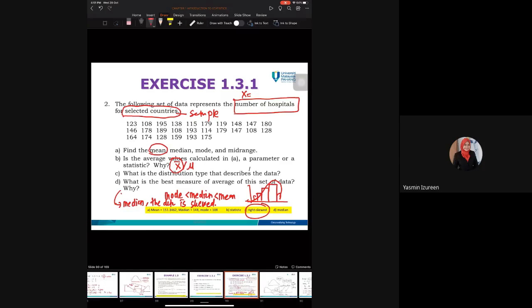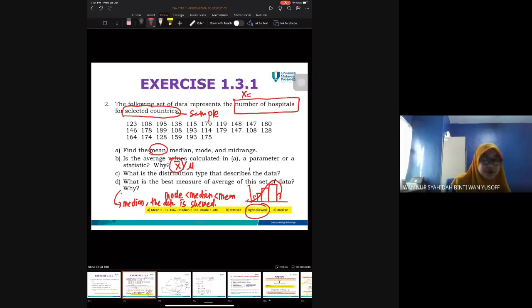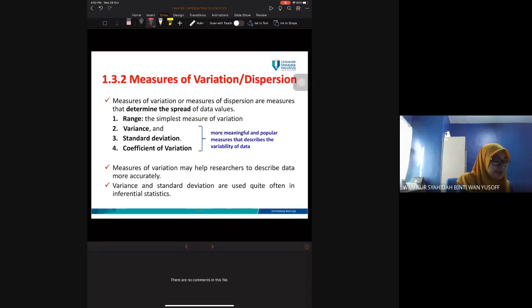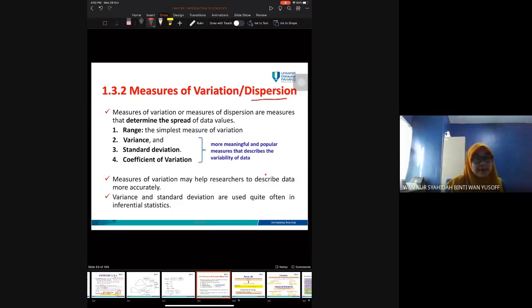No, doctor. Okay, so we go to variation. Measure of variation, or we call it dispersion, similar thing. We use this measure to determine the spread of the data values: how spread out your data is, which is related to how consistent your data is.